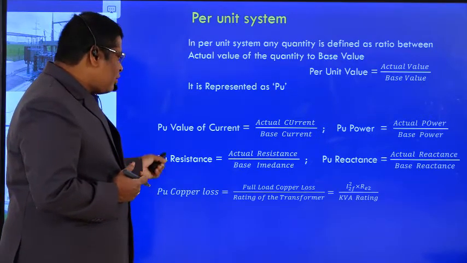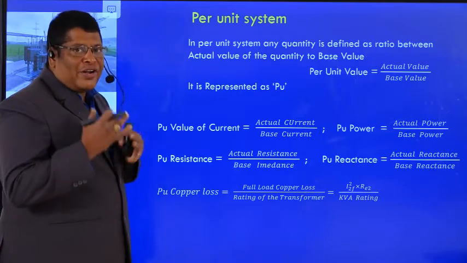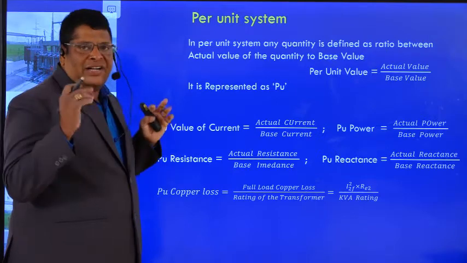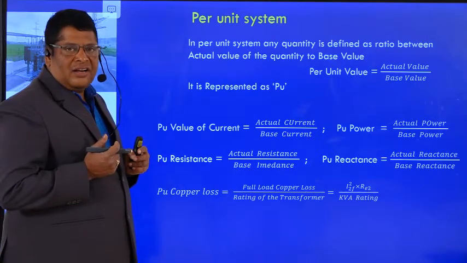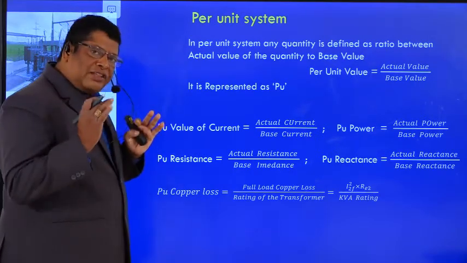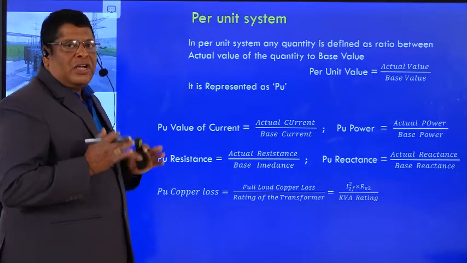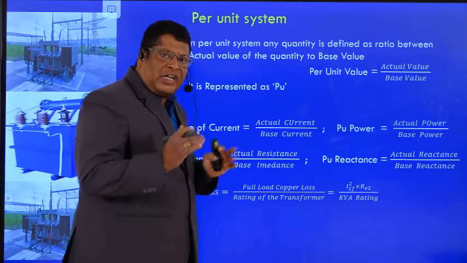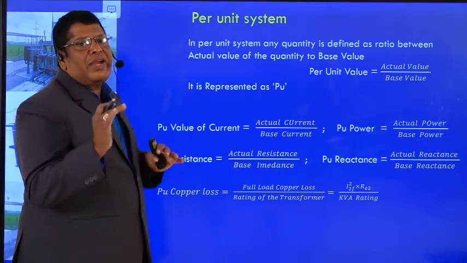Next, per unit copper loss. How are we going to find out the per unit copper loss? Suppose we take the two winding transformer. Now how do we define the per unit copper loss? It is the ratio between the full load copper loss occurring in a two winding transformer divided by the kVA rating of the transformer.